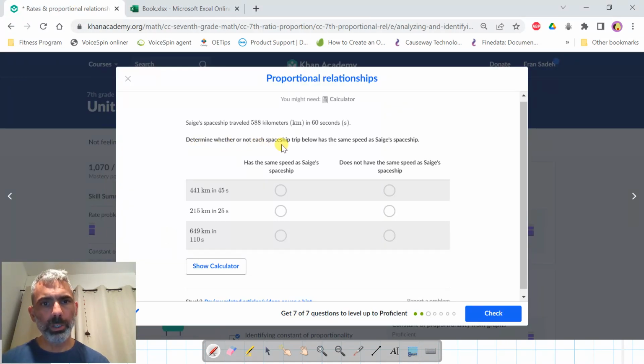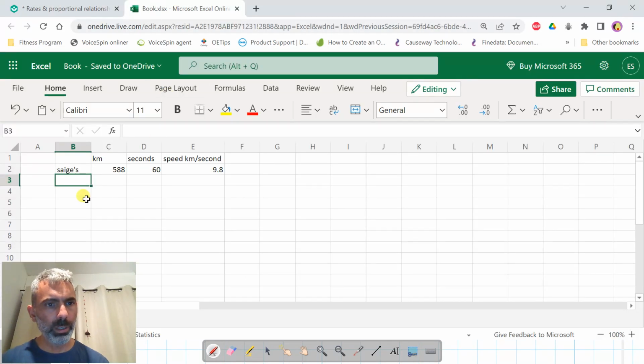Determine whether or not each spaceship trip below has the same speed as Cygnus spaceship. So this spaceship travels 441 kilometers in 45 seconds.